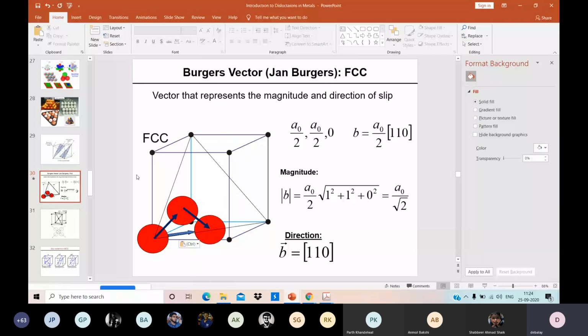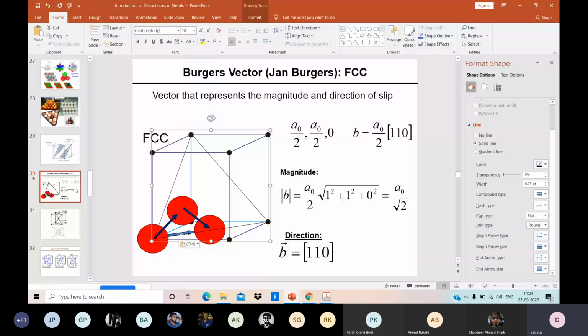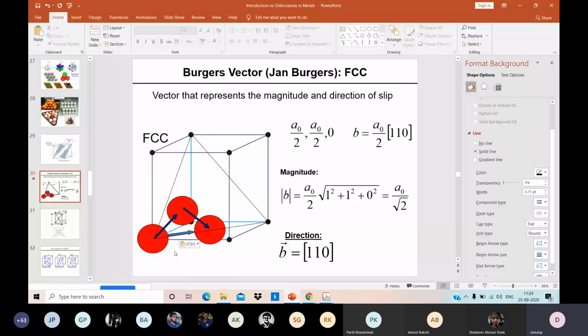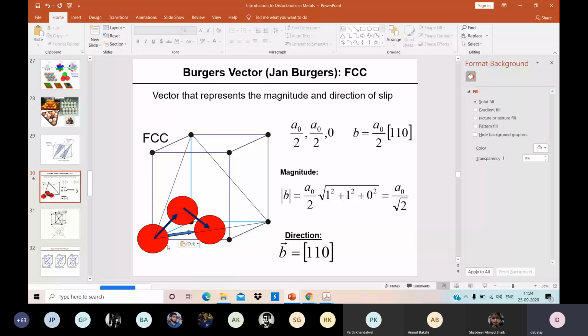So the initial movement is a perfect movement, because B moves to B without any change in stacking. But the next two movements I have shown are partial movements, and they will create a stacking fault because they change the stacking sequence.